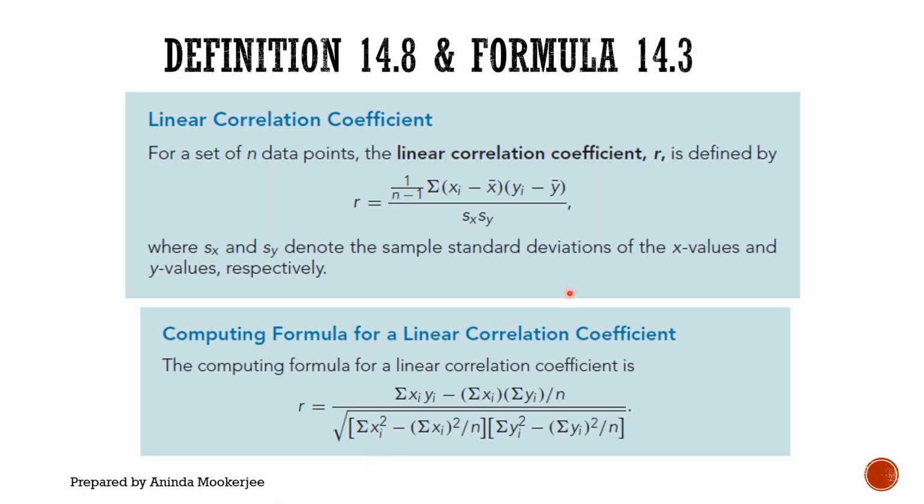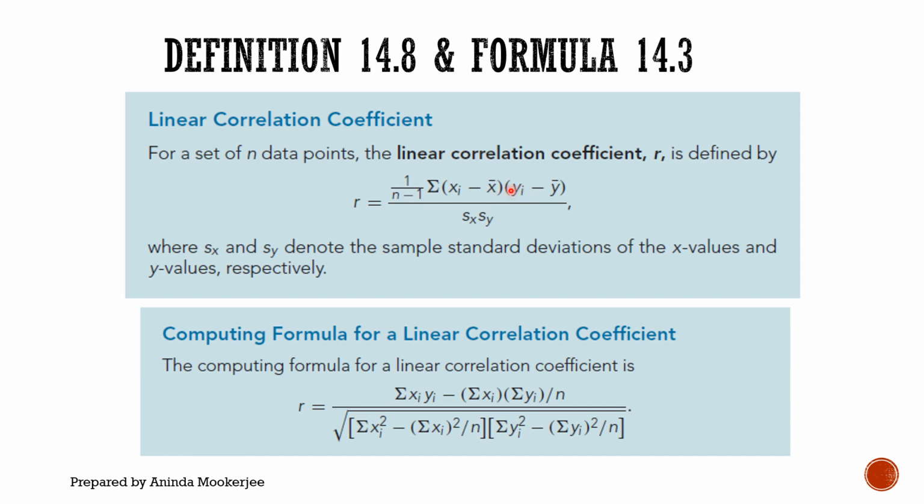Now here are both the defining and the computing formula together in a single slide. Again, the first one is the defining formula, which we just worked through in an example. 1 divided by n minus 1 times sigma x sub i minus x bar times y sub i minus y bar. And keep in mind there's no square in this defining formula, right?